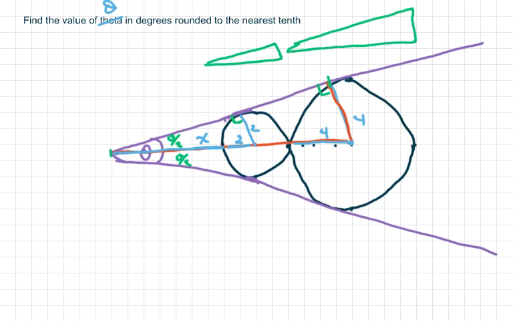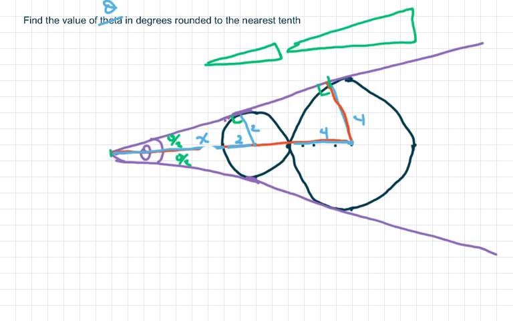So what I've got to do is find x, and so we can find the hypotenuse. Our hypotenuse is right here. We want this hypotenuse and the one for the larger triangle.